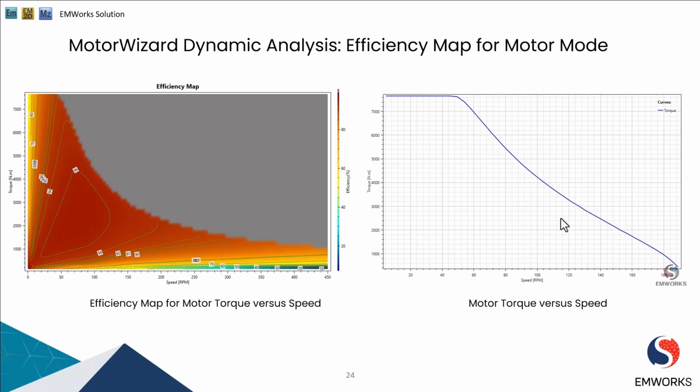Therefore, using the MotorWizard tool, a user can feed in the parameters such as flux linkage, D and Q axis inductance, the rated current, and the speed of the machine, and can quickly get the efficiency map of the machine within seconds. And next we have the motor versus torque speed as shown in the figure on the right hand side.